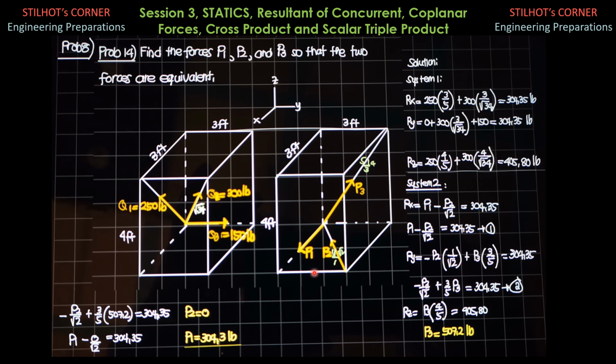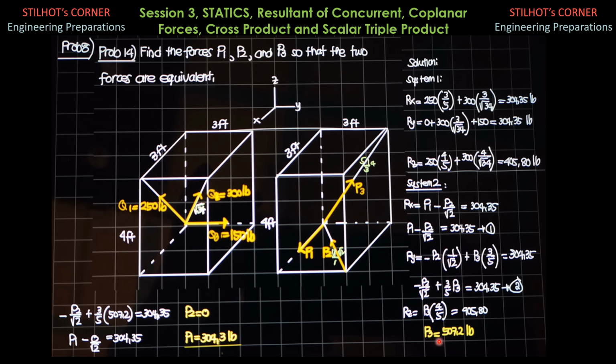Finally, Rz is equal to the z component of the resultant in system 1. So here, P1 has no z component, P2 has no z component also, only P3 has a z component. So P3 times 4 over 5 is equated to the z component of the resultant in system 1, 405.8.